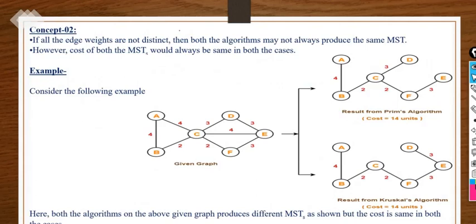The second note is: if all are not distinct, then both algorithms may not produce the same minimum spanning tree. It's not guaranteed that it will give you the same. It may give you the same MST, but it is also possible it will not give you the same minimum spanning tree. So it may or may not be possible if any weight is repeating in the graph; it depends on the value of the edge weight.